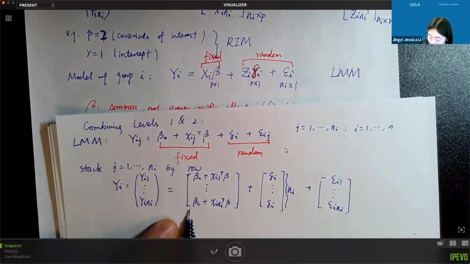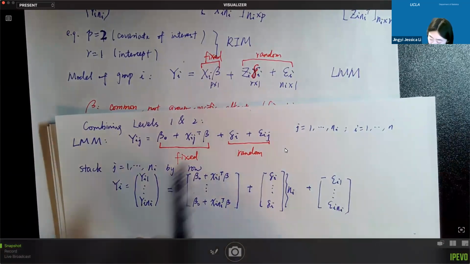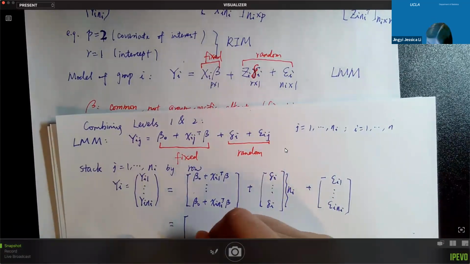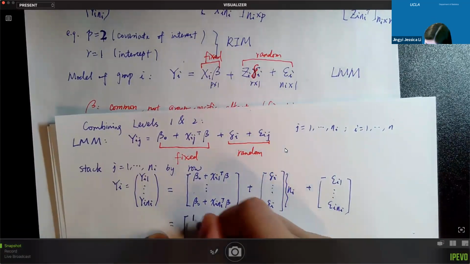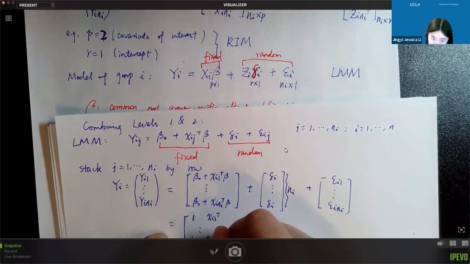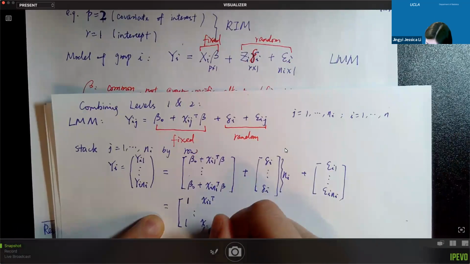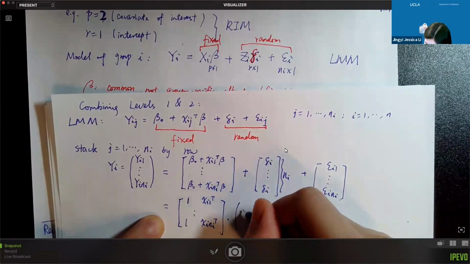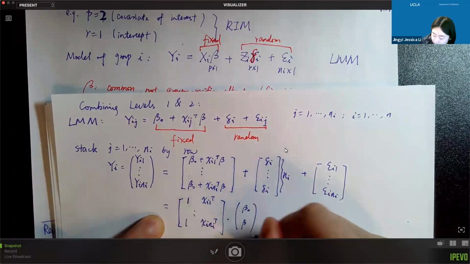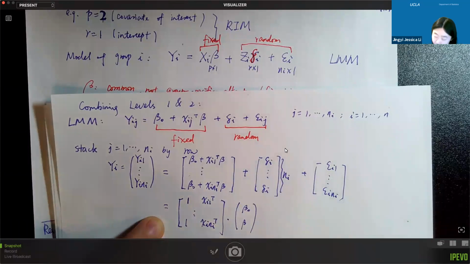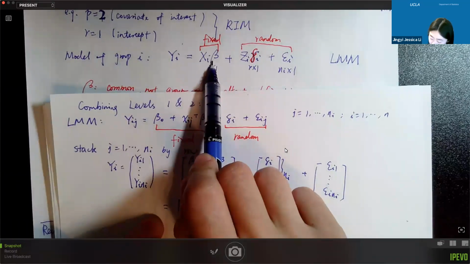And how can I convert this into this form? I just need one more step, right? So this matrix can be written as 1, Xi1 transpose, up to 1, XiNi transpose together, times this vector beta 0, beta. Because here this beta itself doesn't include the intercept, that's why it's a little different from here. Here it includes the intercept.